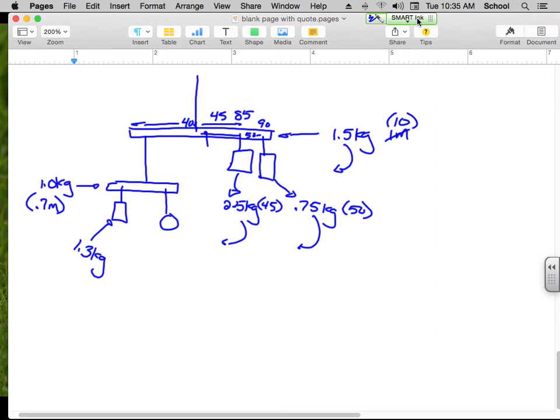So my total clockwise torque has to be, you just add it up.